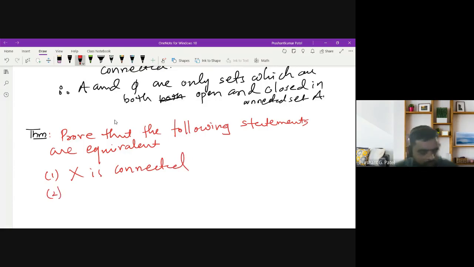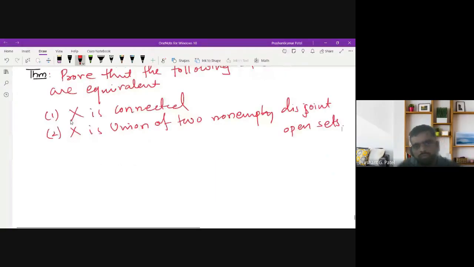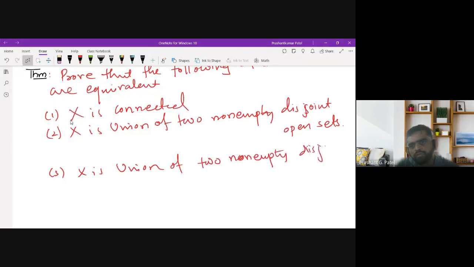The second statement, X is a union of two non-empty disjoint open sets. And the third statement says that X is a union of two non-empty disjoint closed sets.